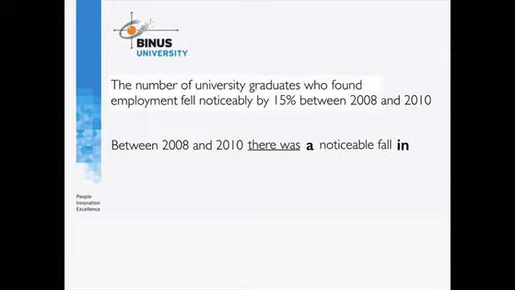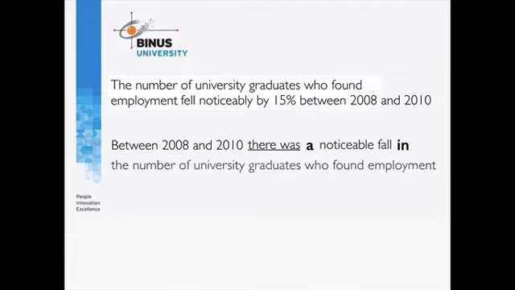And then the next part is to remember that you need the preposition in. So a fall in, a drop in, an increase in, a rise in, and so on. And then here you can see the variable is the same, the number of university graduates who found employment.